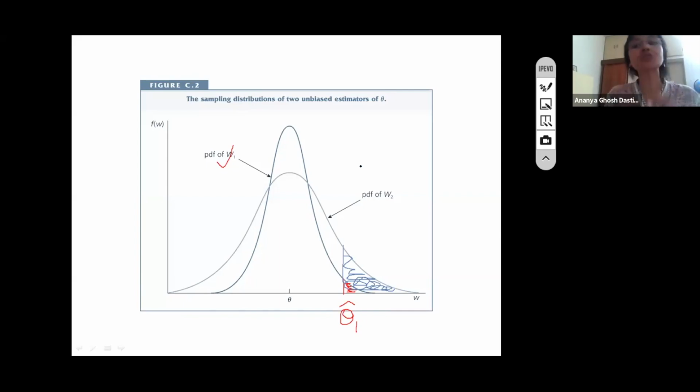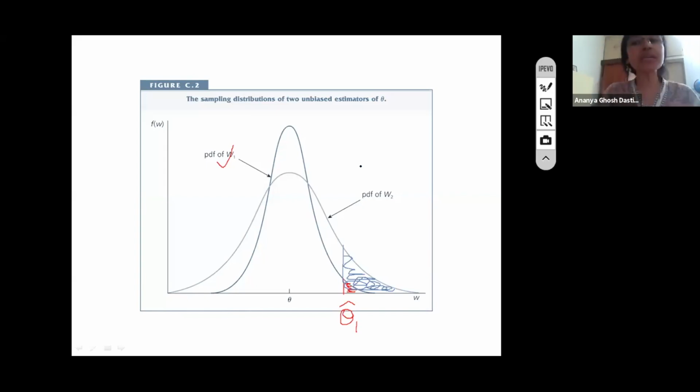In the class of all linear, unbiased estimators of alpha and beta, OLS estimators have the least variance, which is why they are best. So best means they are most efficient. Most efficient means that they have least variance. They have least variance in the class of all linear and unbiased estimators of alpha.